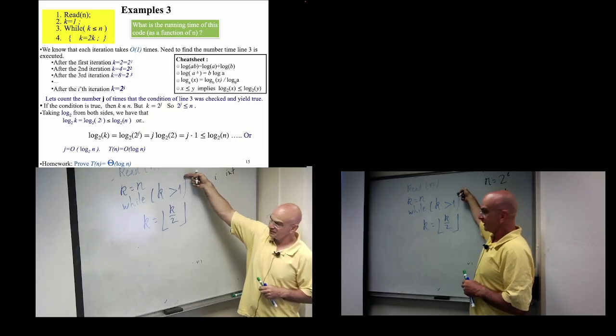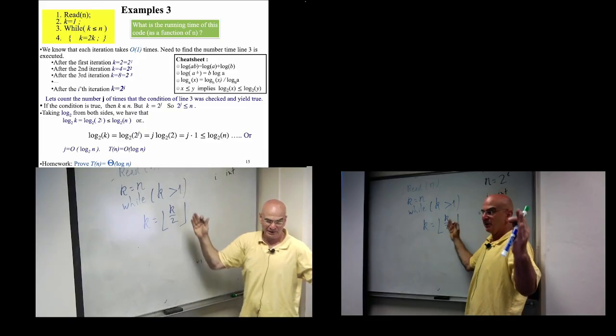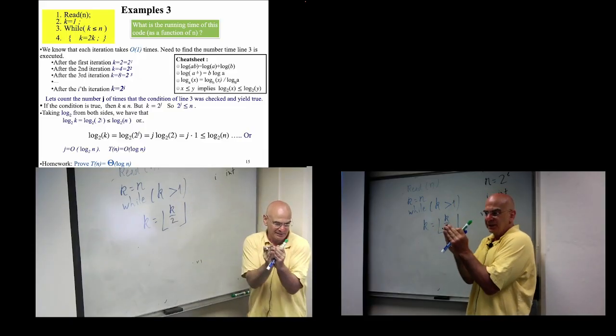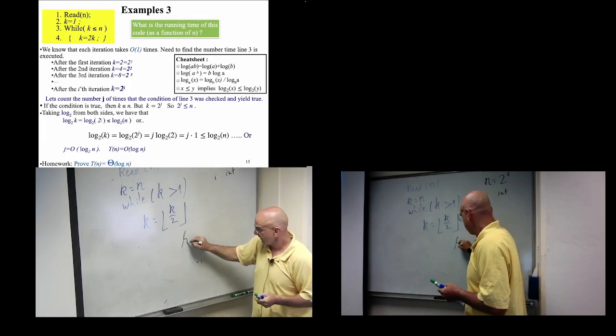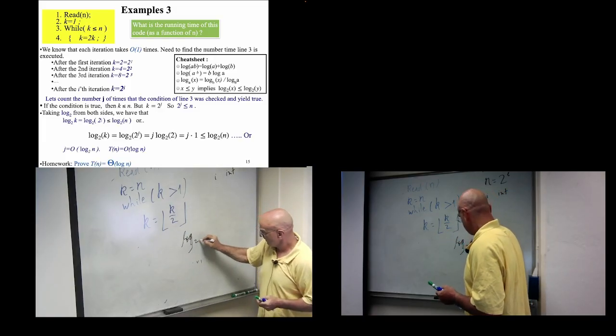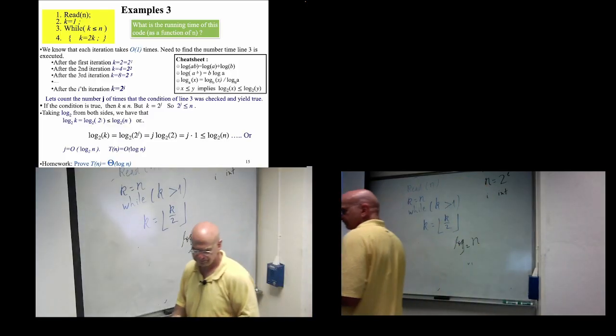So how many times, I start with some number n, how many times can I divide it by 2 until I'm getting 1? Log to the base 2 of n. Here I started from k equal 1 and multiplied it by 2. Here I start from n and divide it by 2, but it's exactly the same operation, the mirror operation.